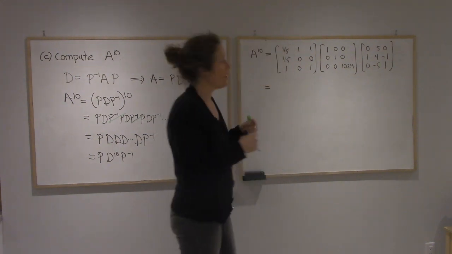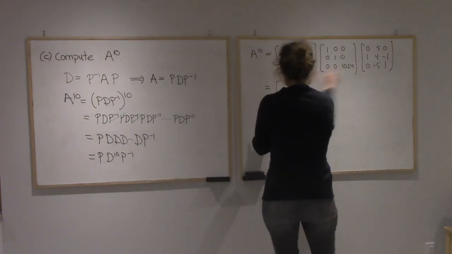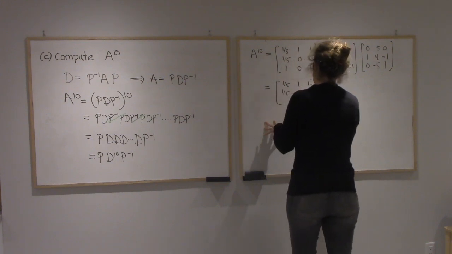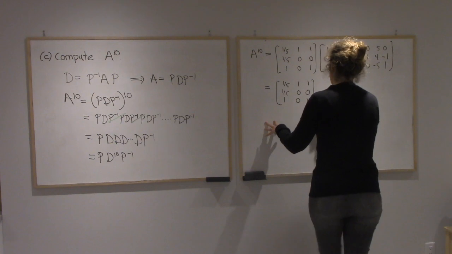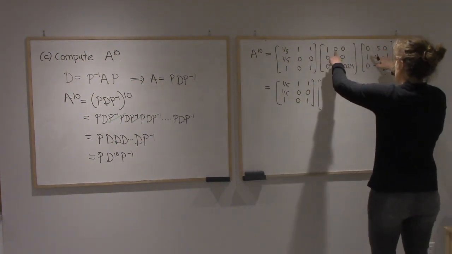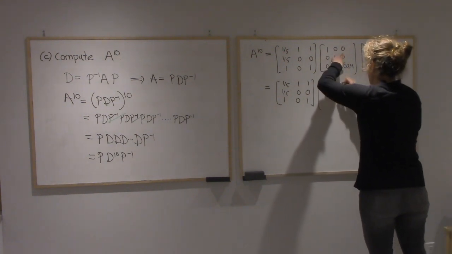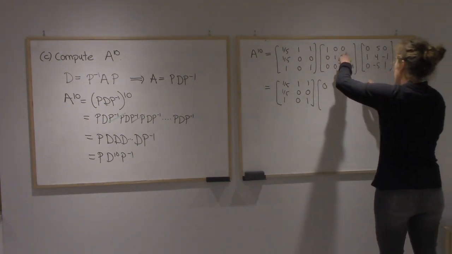Alright, so you can multiply them in any order you wish. Let me do the second product first. So I'm going to get 0, I'm going to get 5, and I'm going to get 0.